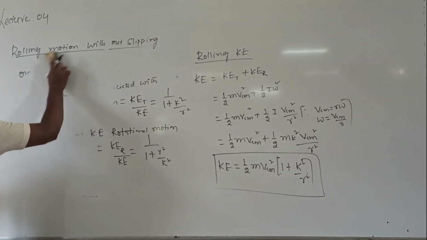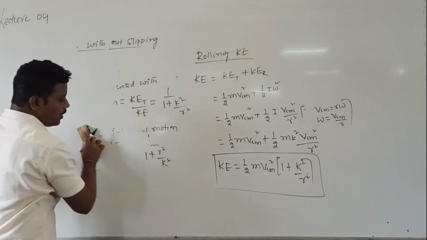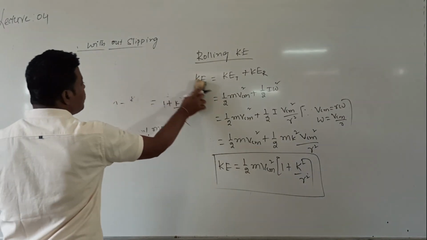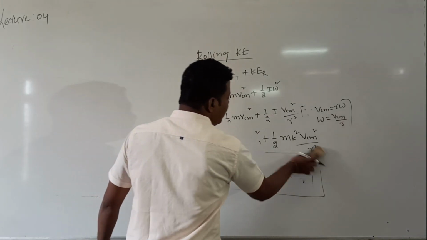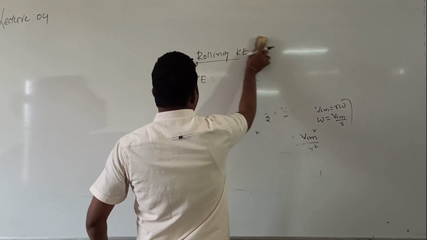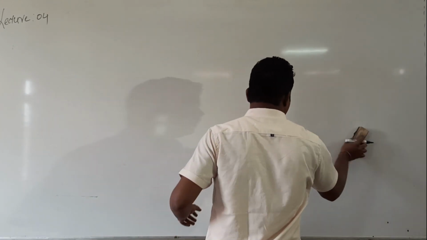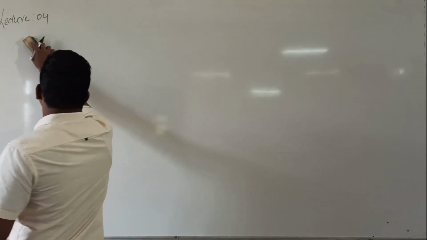The last point related to this rolling motion is if the body is sliding down an inclined plane. This case is very important. So what is this case?